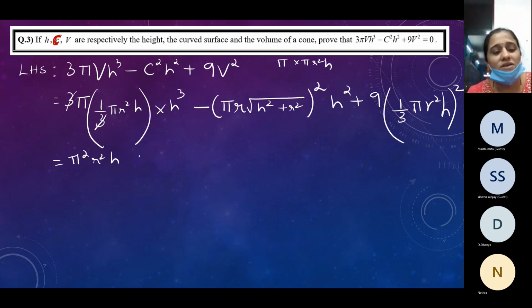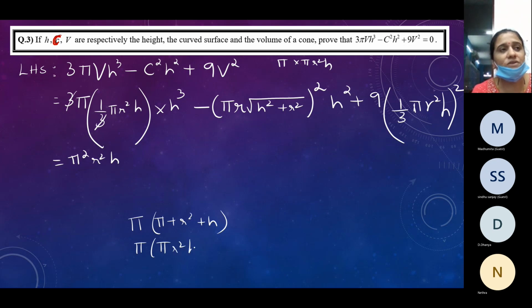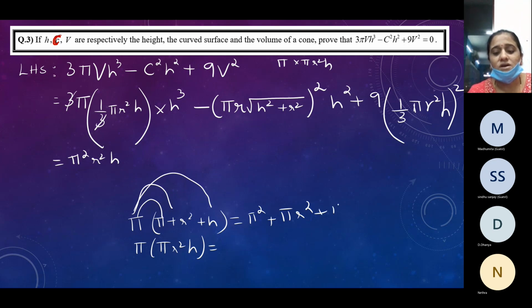See, I'm sure you all have a doubt now. There's a difference between pi into pi plus r square plus h and pi into pi r square h. I'm sure some of you have that doubt now, so it will be clarified. See here, when it is pi into pi plus r square plus h, then you'll have to multiply pi into pi square, pi into r square is pi r square and pi into h is pi h.